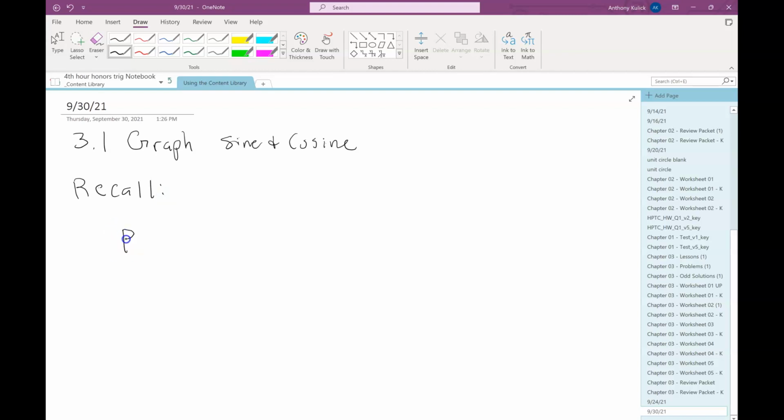So that is this concept of the parent function and the transformed function.